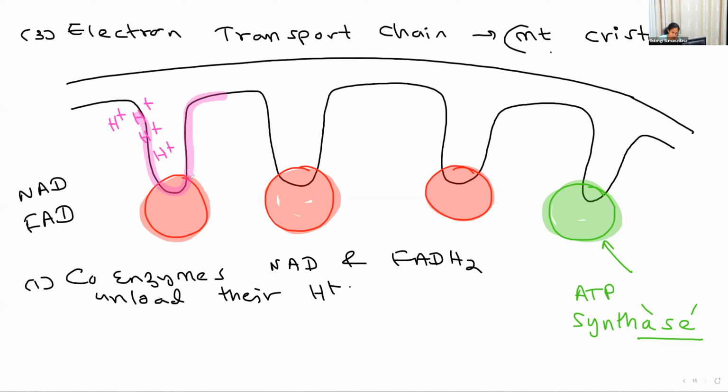This flow needs to travel along the cristae through the cytochromes until I meet my ATP synthase. Include the cristae and the cytochromes. That's it, and you need to have the flow of high energy protons.